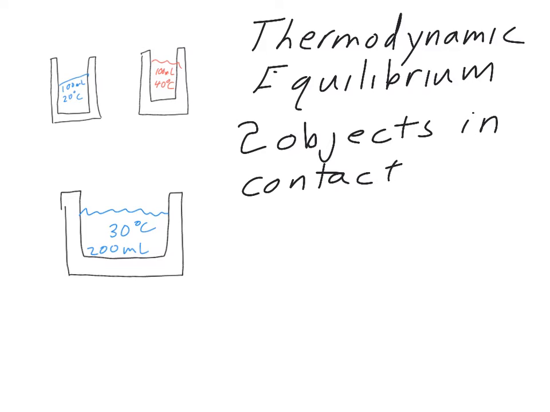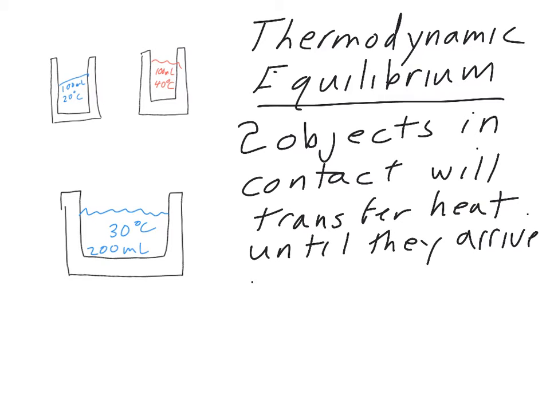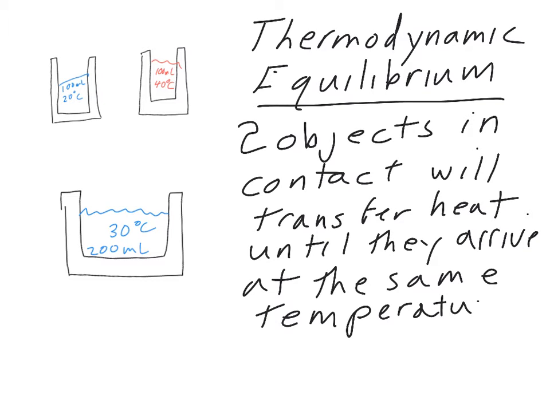Two objects in contact with each other will transfer energy in the form of heat until they arrive at the same temperature. Thermodynamic equilibrium is the concept that two objects in contact will transfer heat until they arrive at the same temperature.